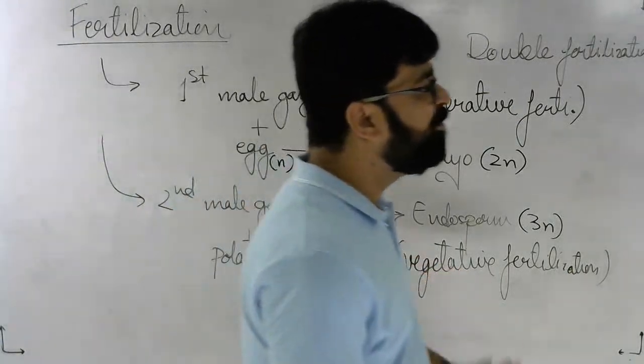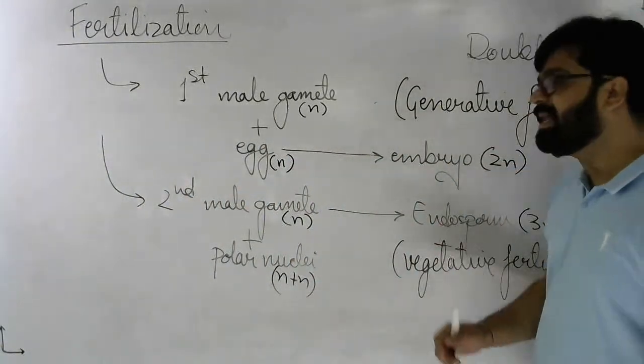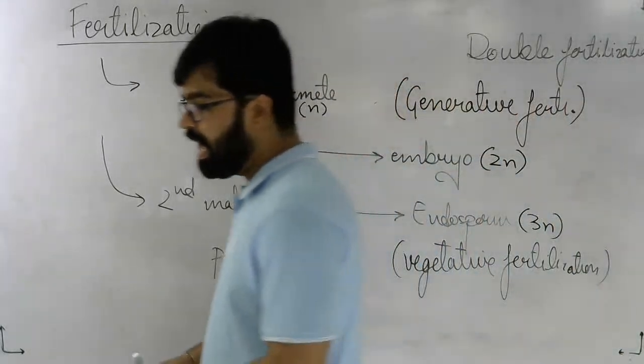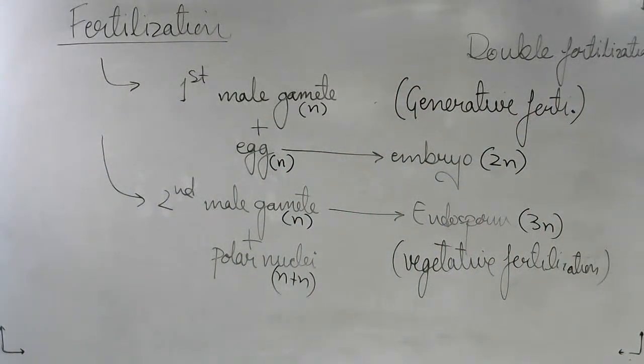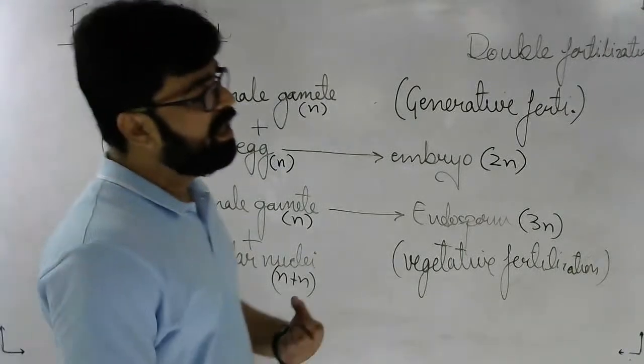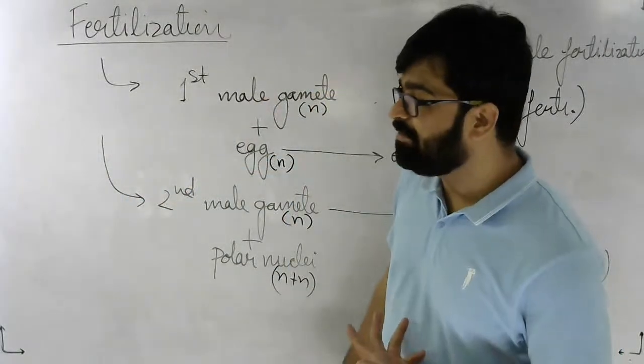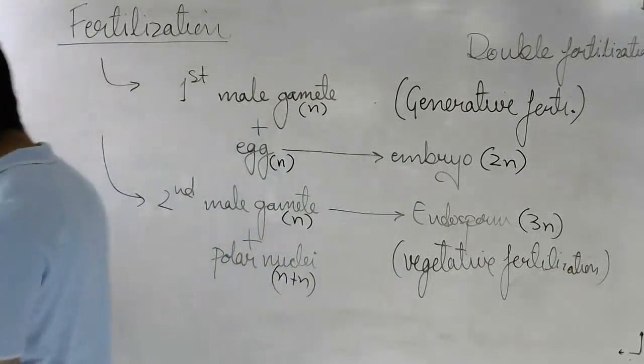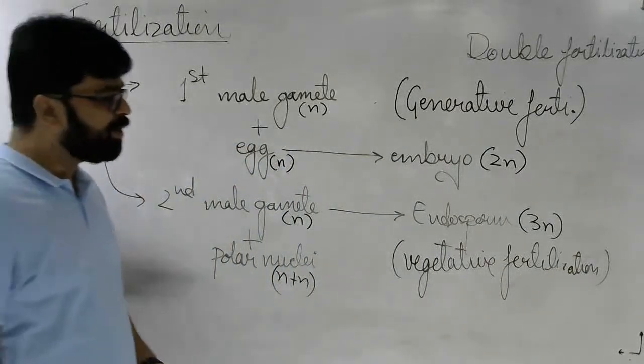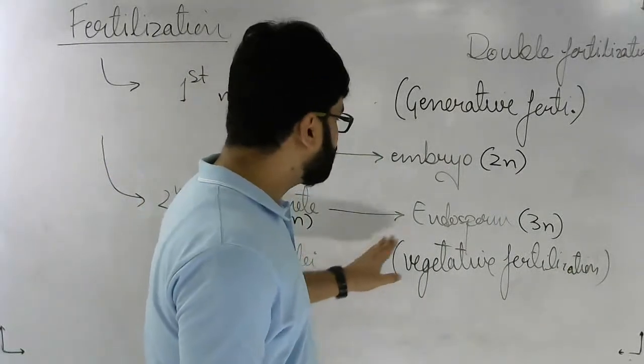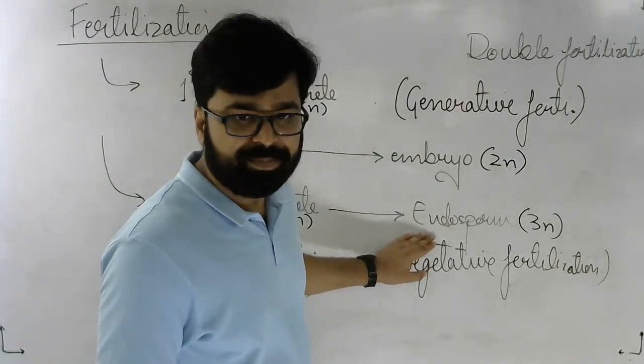Therefore, endosperm formed is triploid in nature, okay? And that's why it is going to form the nutritive tissue for the growth of embryo. एम्ब्रियो के ग्रोथ के लिए एंडोस्पर्म जो है वो बहुत जरूरी है.